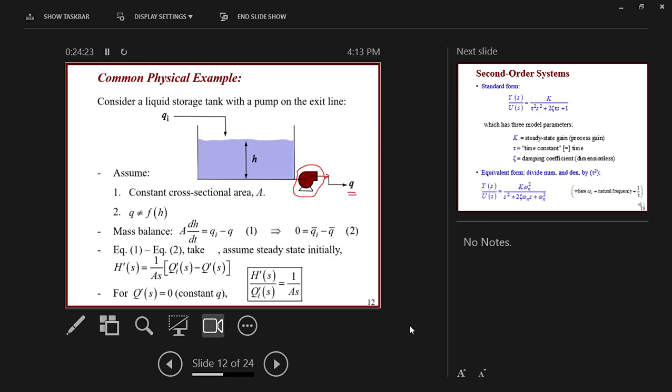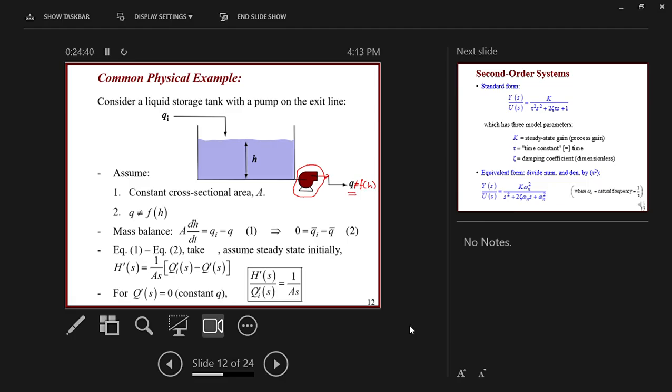Okay, we can change it, but once changed, it will stay fixed. It is not a function of h anymore, as in the case where we don't have a pump.